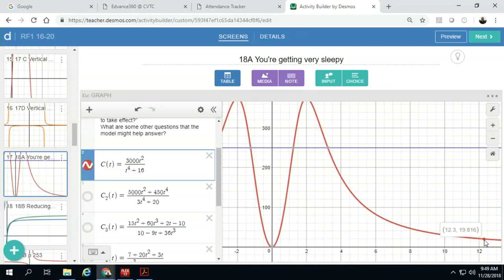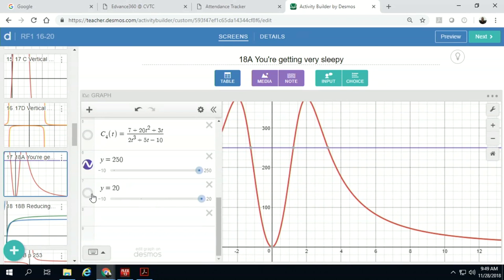It looks like it's below 20 at 12.3 hours. We could make y equals 20 and see that the address of that point is 12.243 hours.